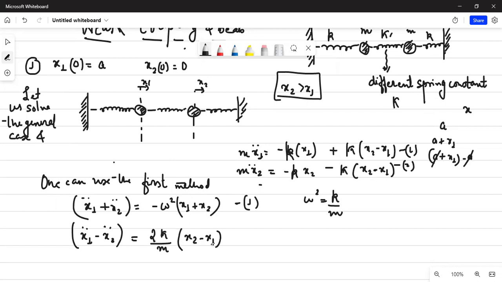This will be your equation number 2. Is that clear or not clear?